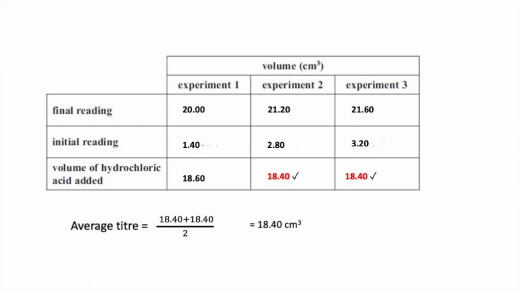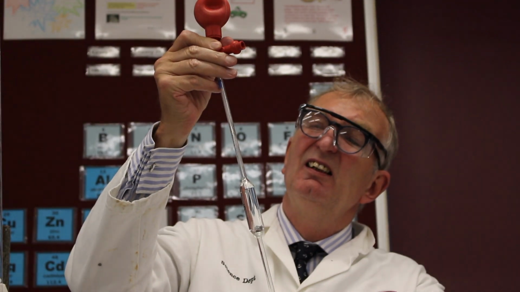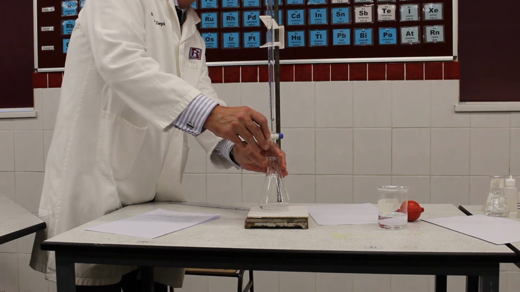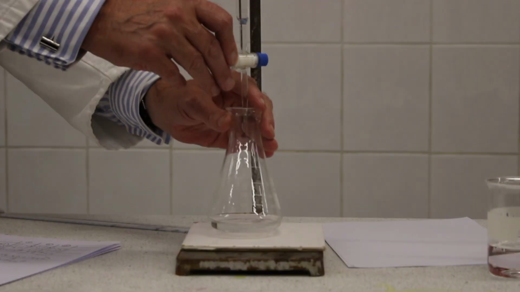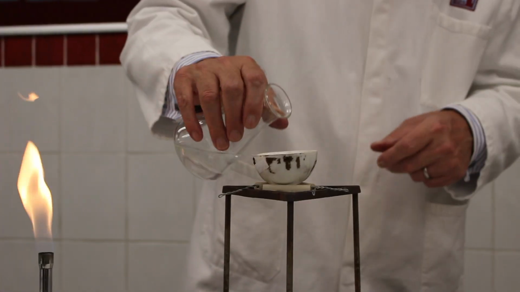So if he wants to make crystals of sodium chloride, he needs to repeat the experiment again, but this time without indicator. So Mr. Firth uses his pipette to measure out 25 centimetres cubed of alkali, and then he adds 18.4 centimetres cubed of hydrochloric acid carefully using a burette.